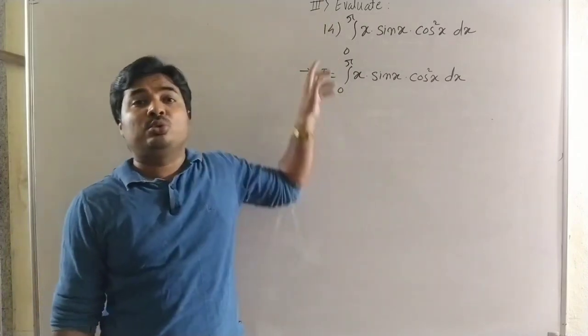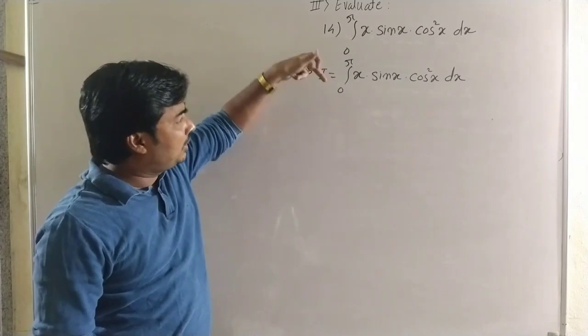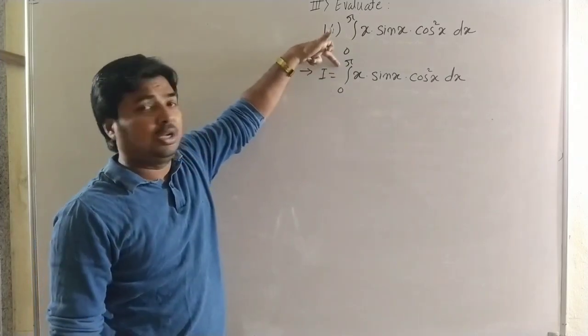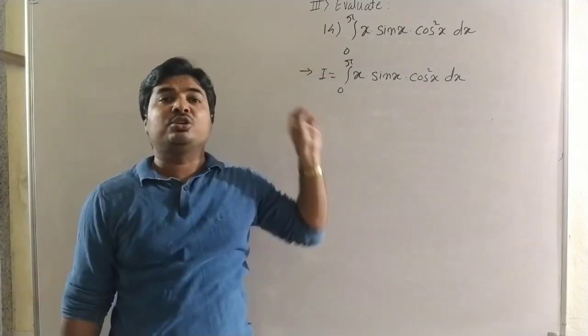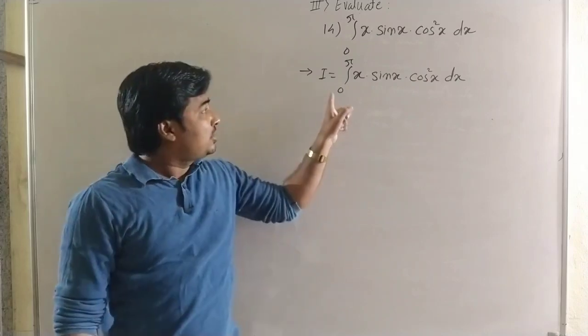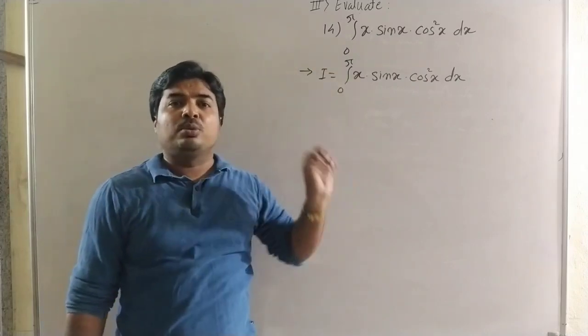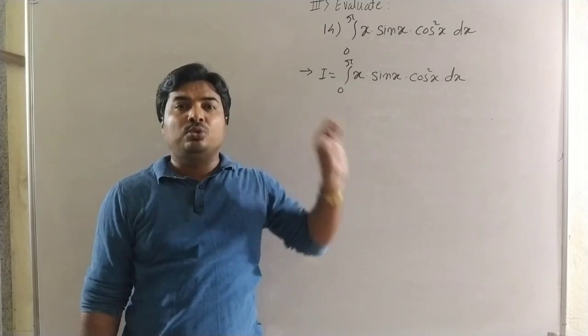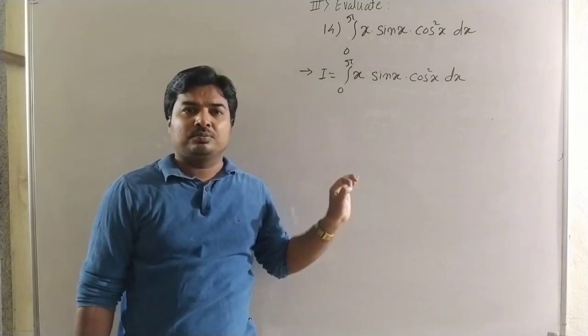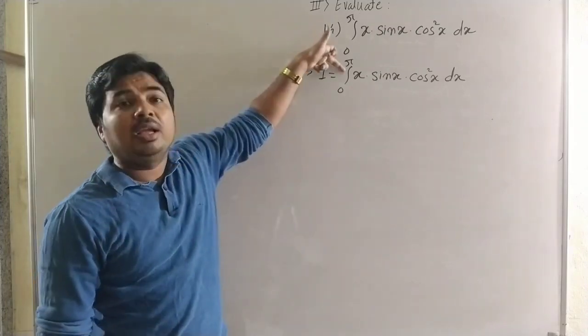But for the simplification, here we use the 0 to 2a property when the limit is 0 to pi. It is an easier method than the 0 to a property.